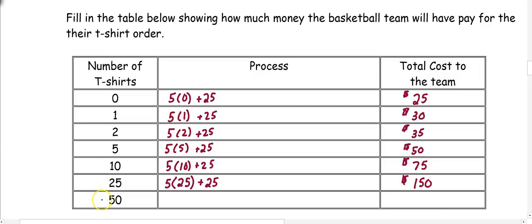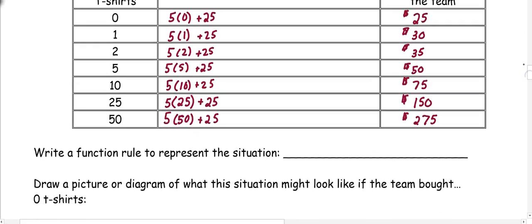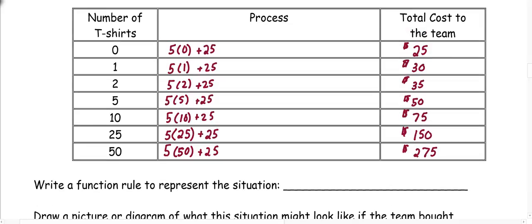And if they bought 50 shirts, 5 times 50 plus 25 would get us $275.